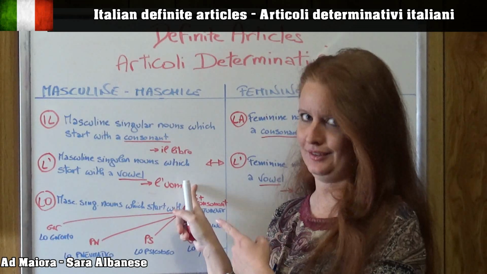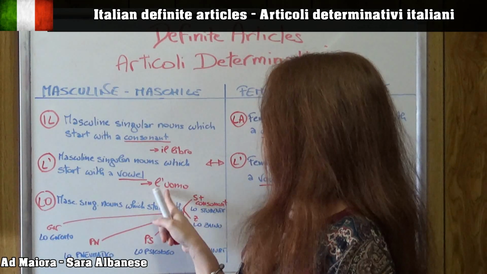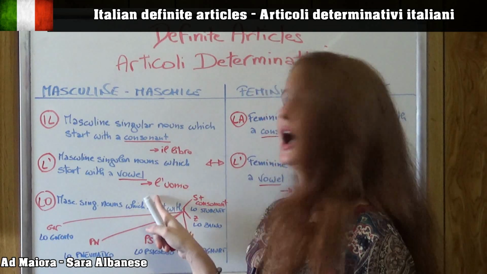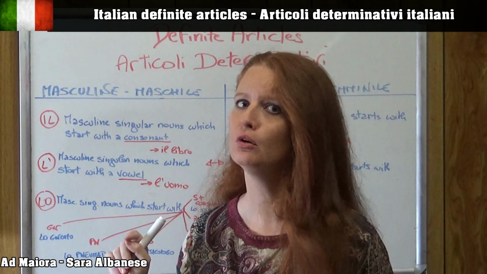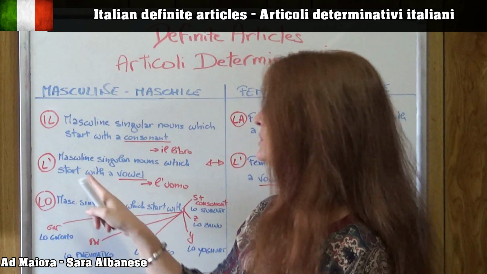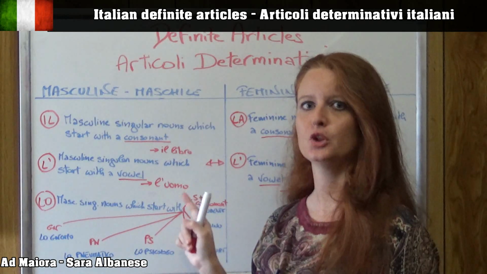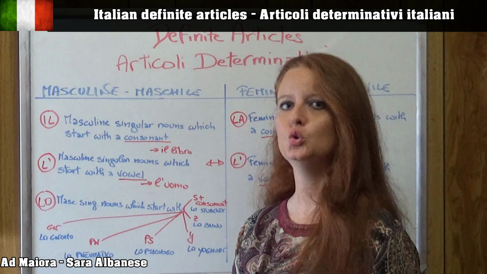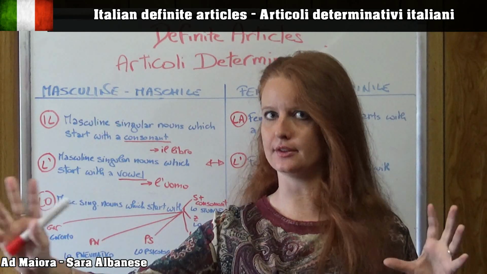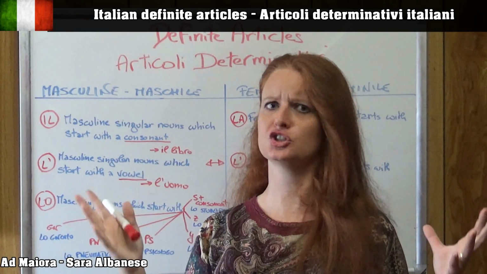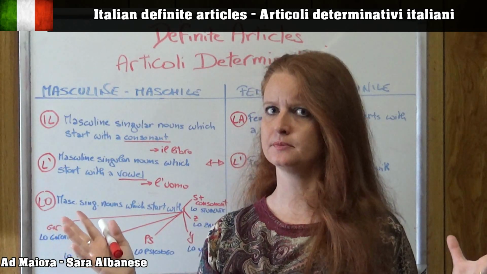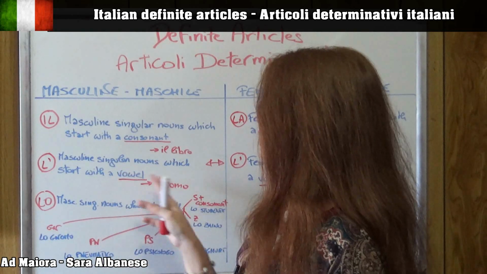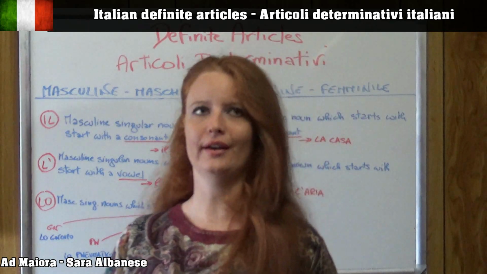Well, it is masculine, but it starts with a vowel, so I won't say il uomo, I can't say that. I will say l'uomo. You pronounce it all together, as if it was just one word, without the apostrophe, but remember to write down the apostrophe anyway. L'uomo.